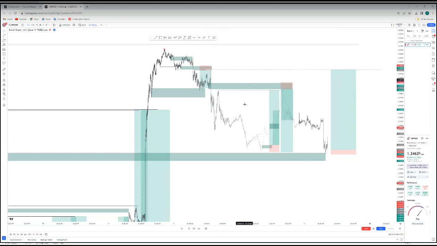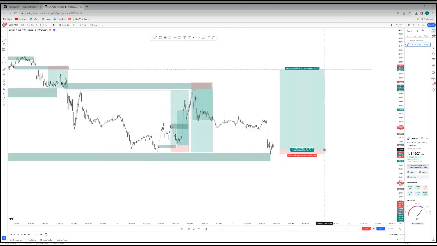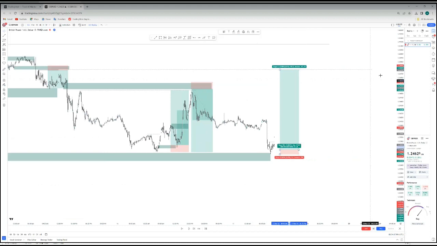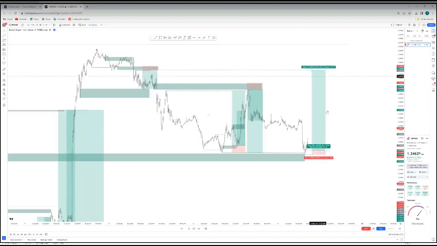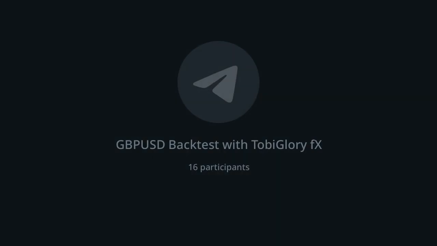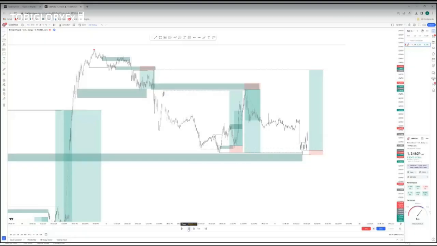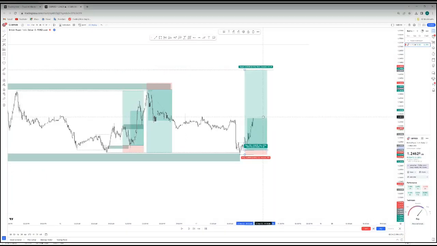Everything here has been used. So now I am anticipating for price to take out this and this. But first, final TP here. So let's see. Triggered.